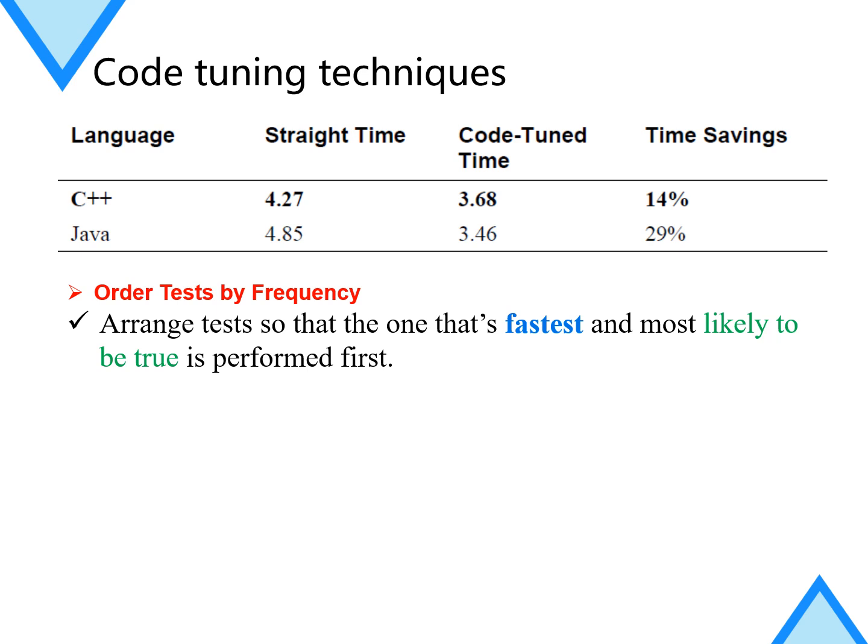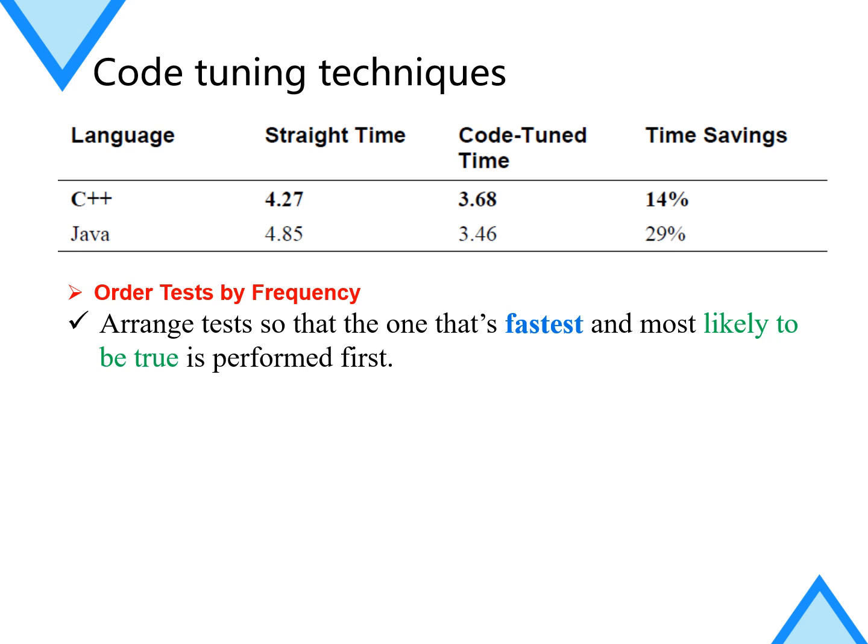Arrange the tests or conditions from two perspectives: the first condition should be the one which executes more quickly, or the one with a high chance of being true.